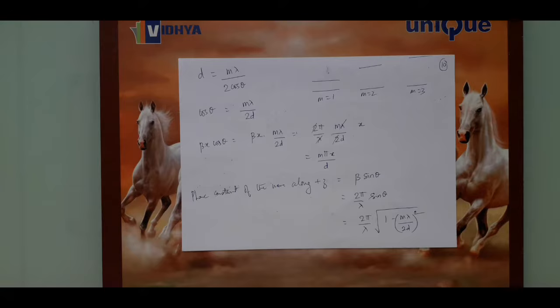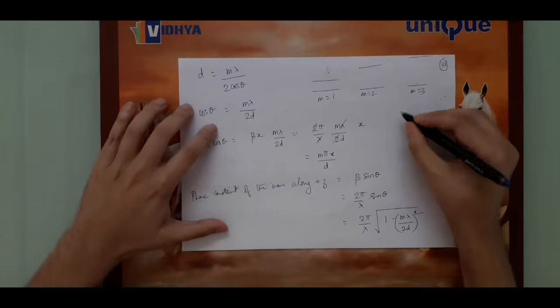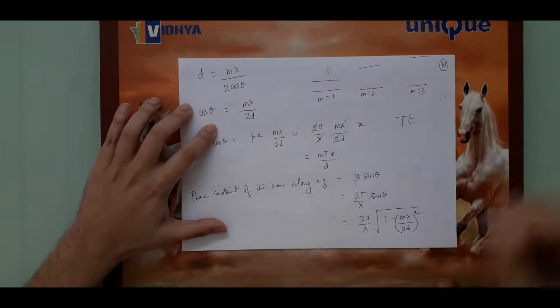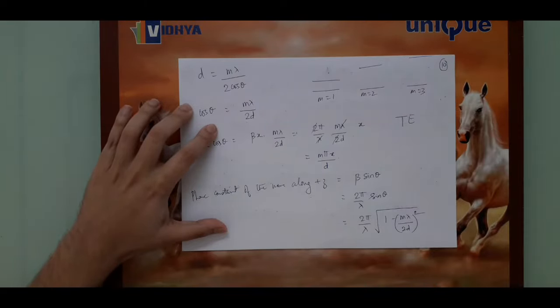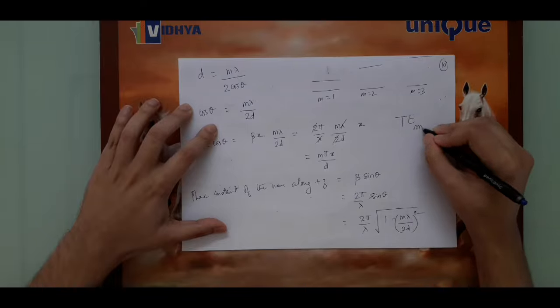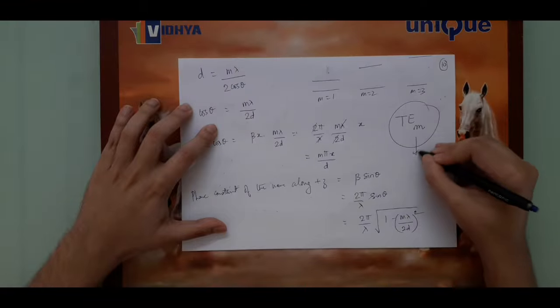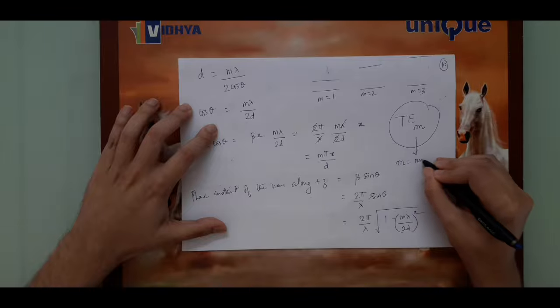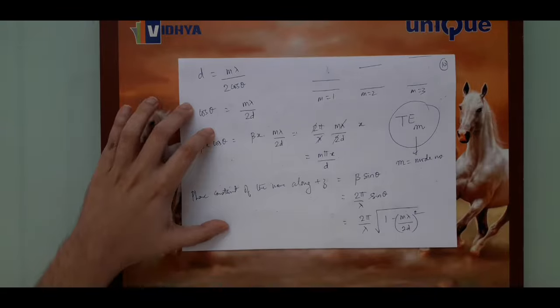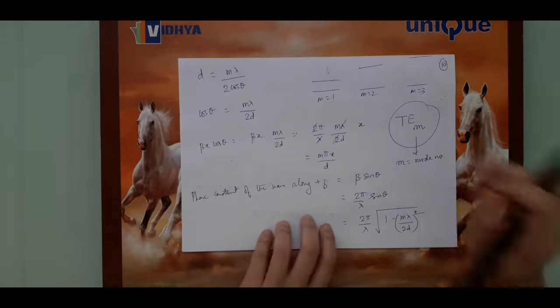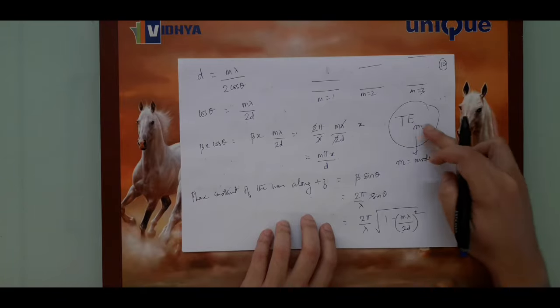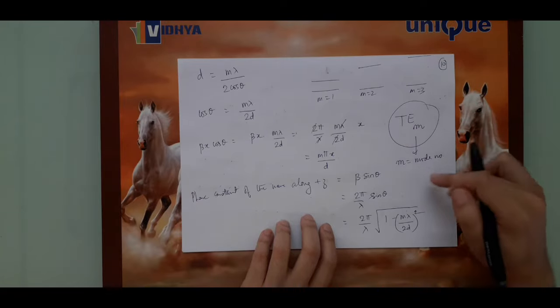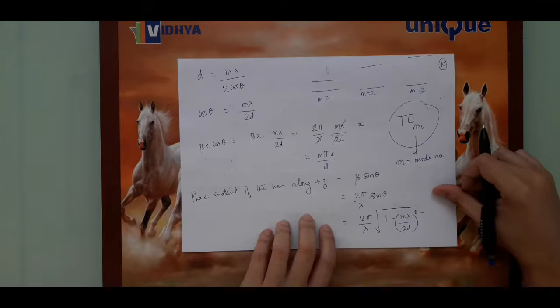So whenever we normally say that this is the transverse electric mode of propagation, we also mention a suffix as the small m, where m is called the mode or the mode number. The mode of propagation is transverse electric, and small m in the suffix denotes the mode number.